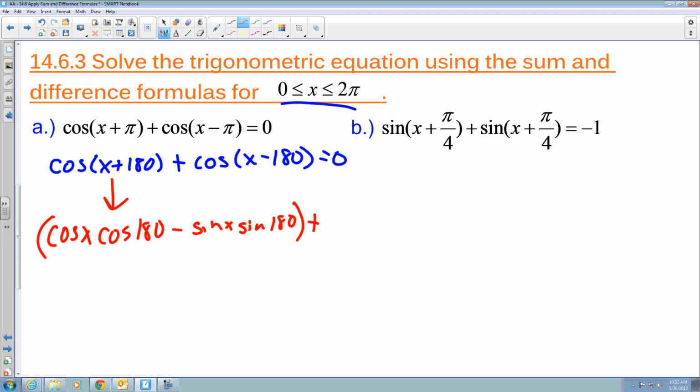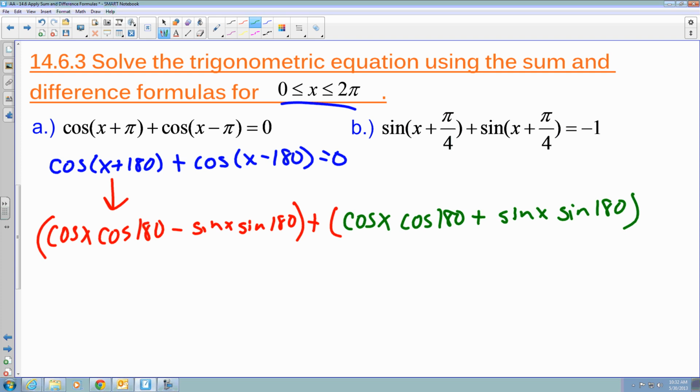There's a plus in between there, so now I'm going to go parentheses, and now I have the cosine of x minus pi, so now I'm going to incorporate the difference formula, so it's going to be the cosine of x multiplied by the cosine of 180 degrees plus sine of x multiplied by the sine of 180, sorry.